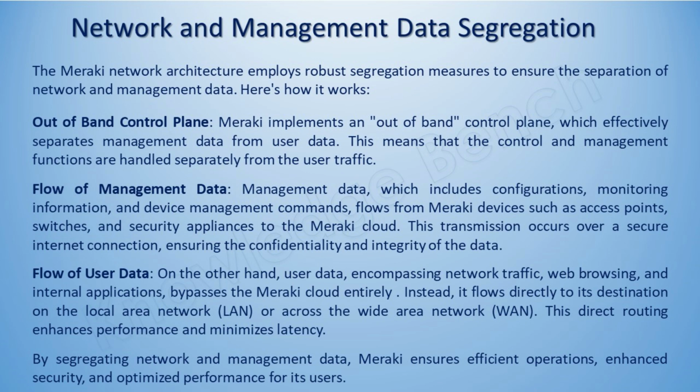Flow of management data. Management data, which includes configurations, monitoring information, and device management commands, flows from Meraki devices such as access points, switches, and security appliances to the Meraki cloud. This transmission occurs over a secure internet connection, ensuring the confidentiality and integrity of the data.